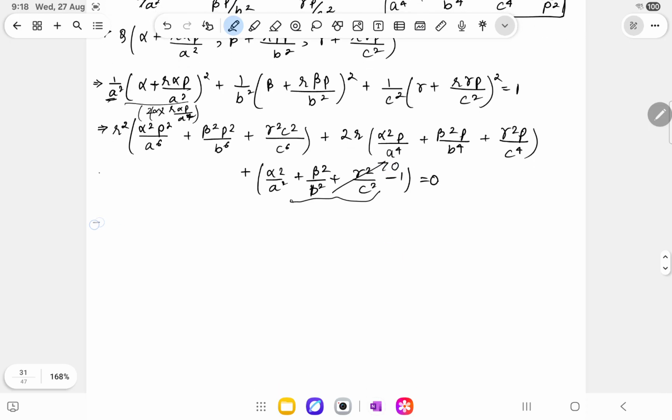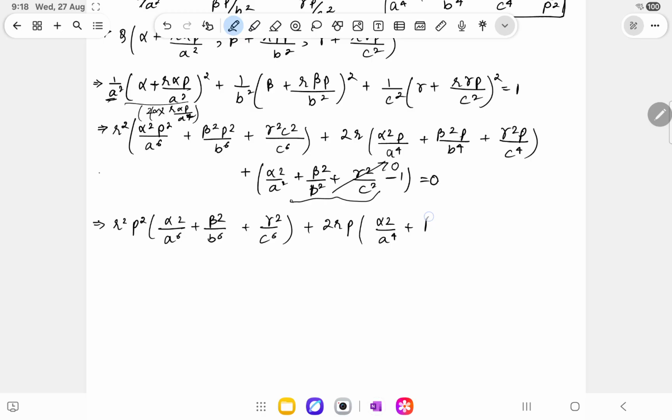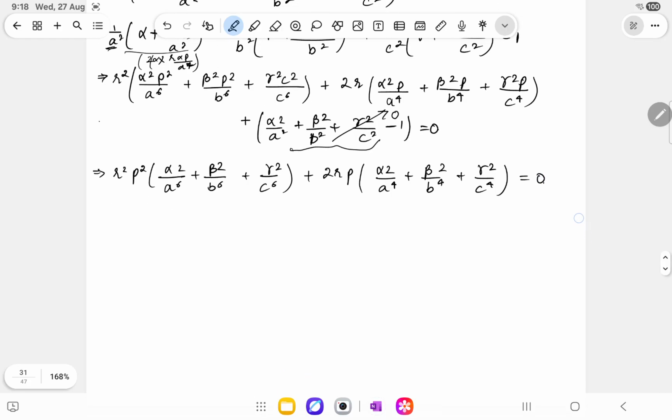So I am left with r square p square into alpha square upon a raised 6 plus beta square upon b raised 6 plus gamma square upon c raised 6 plus 2r into p into alpha square by a raised 4 plus beta square upon b raised 4 plus gamma square upon c raised 4 is equal to 0.